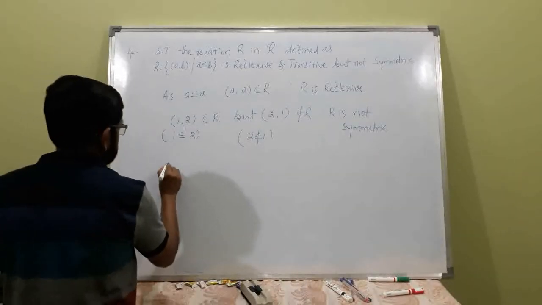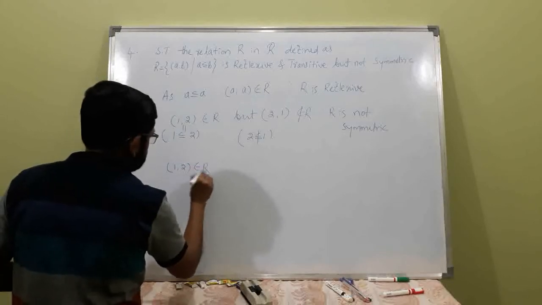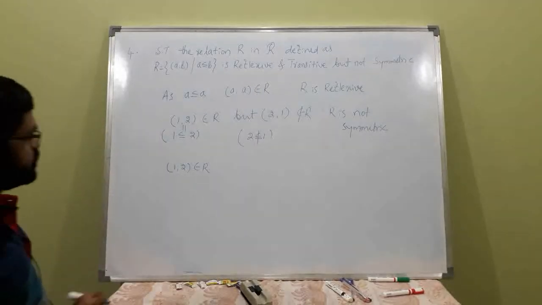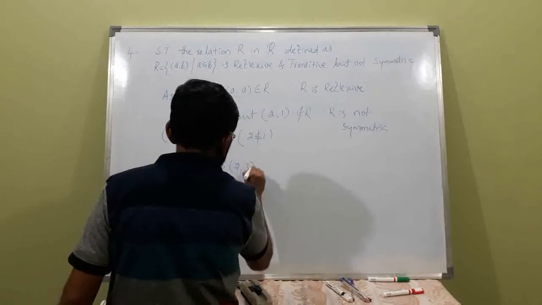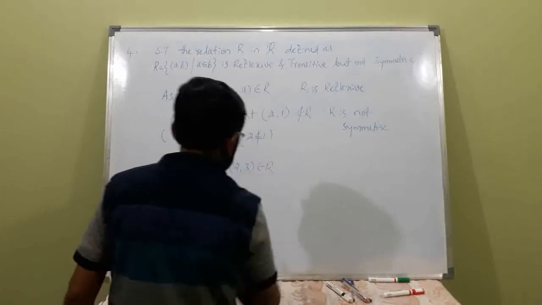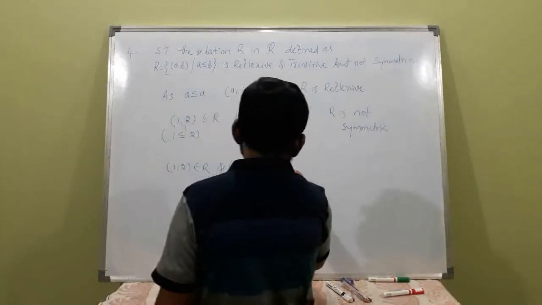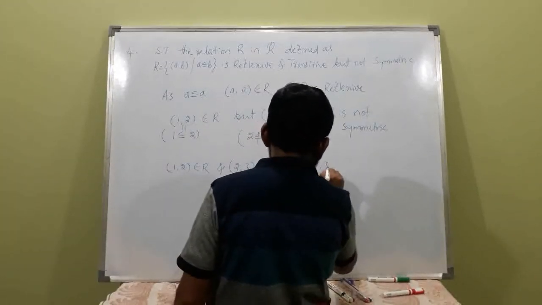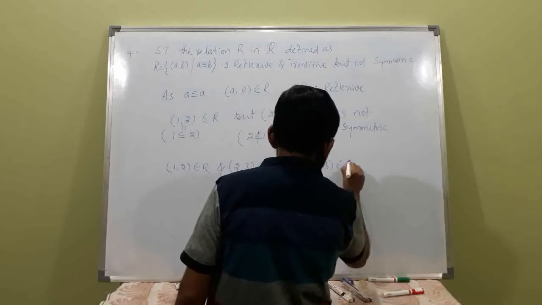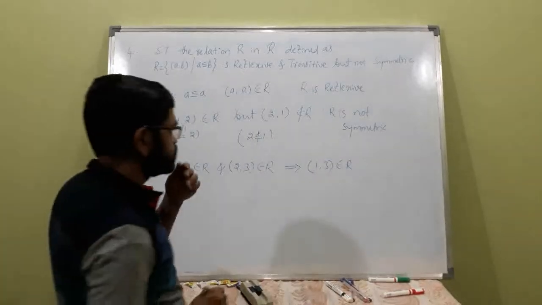Now, (1, 2) belongs to R, 1 is less than or equal to 2, and (2, 3) belongs to R, 2 is less than or equal to 3. This implies (1, 3) also belongs to R. Isn't it? 1 is less than or equal to 3.